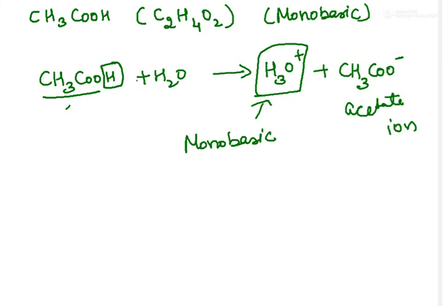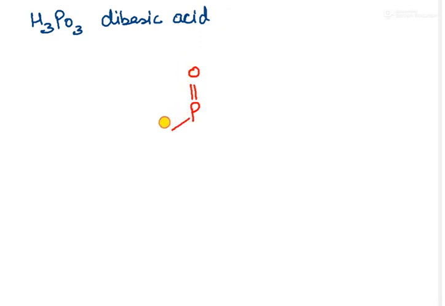Now the next question arises: H3PO3, this is phosphorous acid. Phosphorous acid is a dibasic acid. If we draw the structure of phosphorous acid, it is phosphorus with a double bond to oxygen, then HO, OH and H. The phosphorus valency is 5.